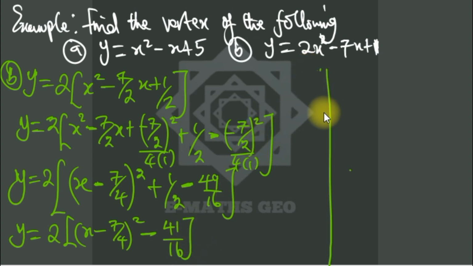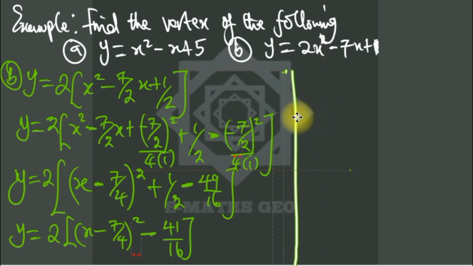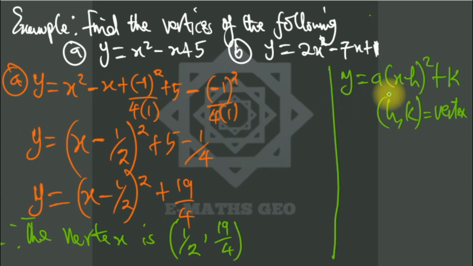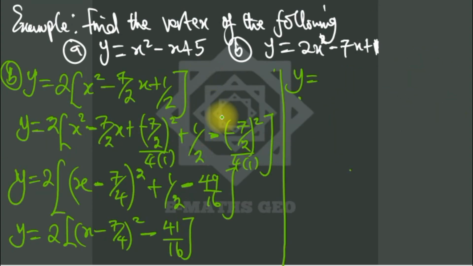So we still continue. So we have y equal to, we open up because we need to make it look like this. Y equal to a times x minus h all squared plus k. So we can compare, we open up.